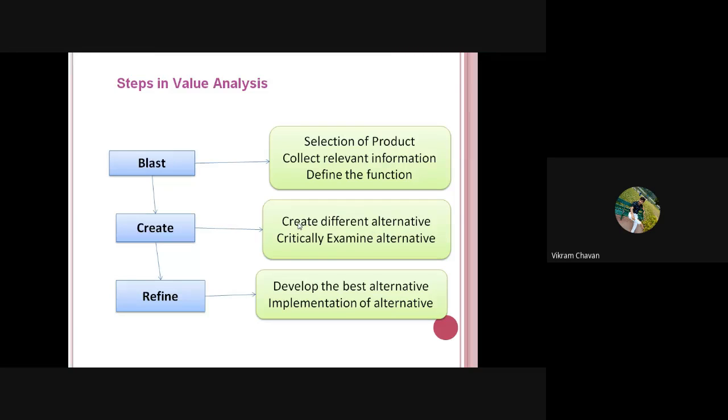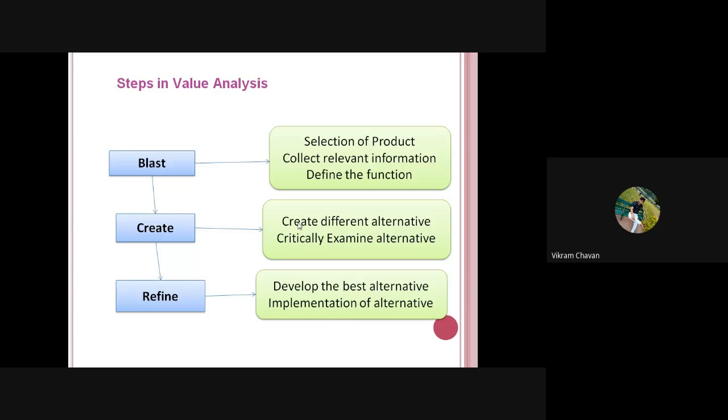All these concepts come under the development stage, the development of the best alternative. Once it is developed, implement that alternative for the product. That is refinement. So these are the steps in value analysis.